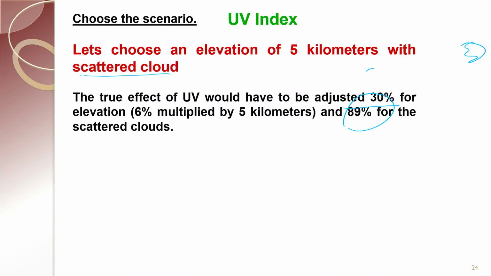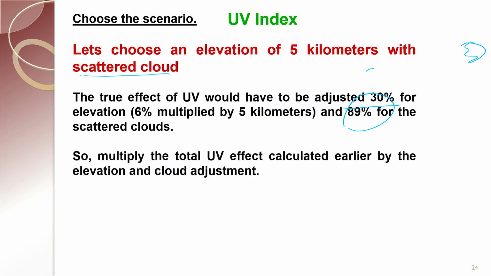So, 330 was the total UV effect calculated based on the strength and weightage, and now elevation and cloud cover are adjusted.